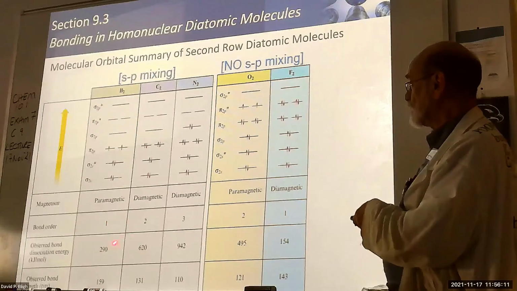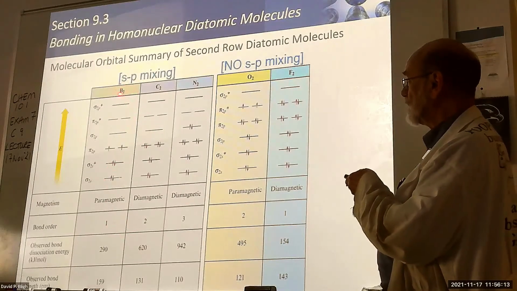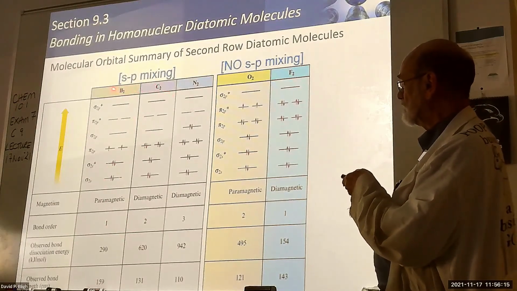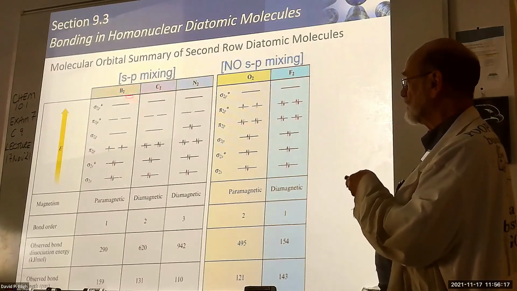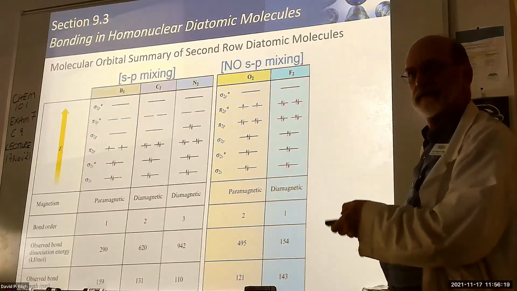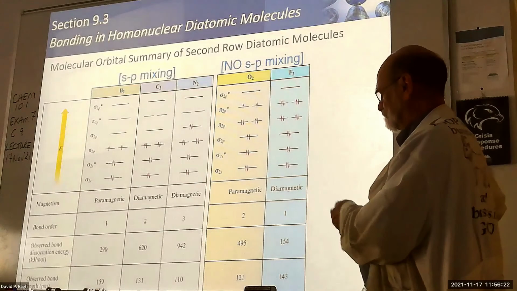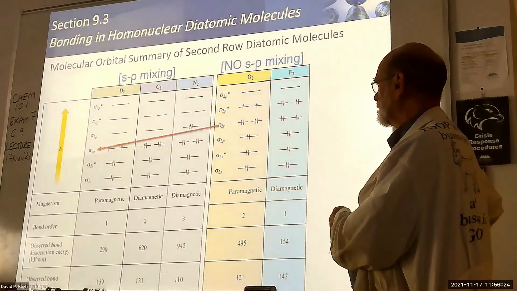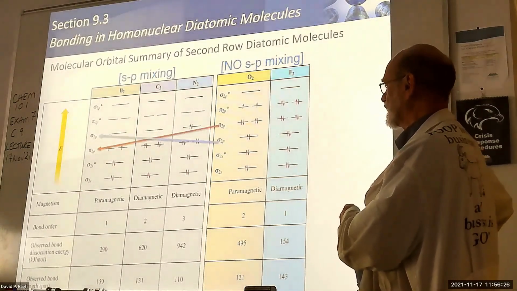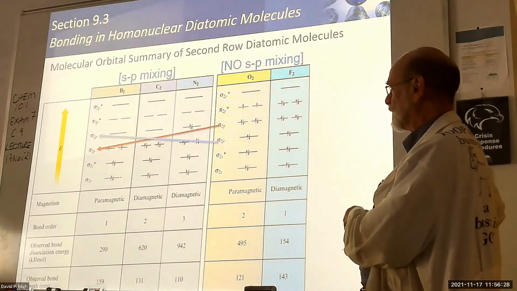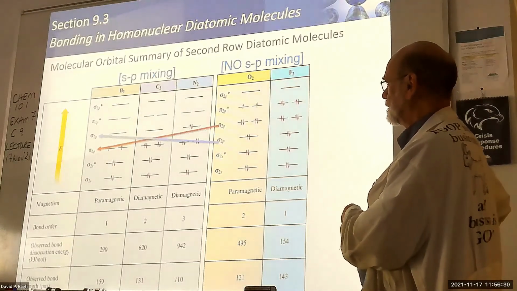And that has to do with the fact that you typically don't see these molecules. These are formed in the laboratory. Okay, so there's the mixing idea where you flip those two orbitals.